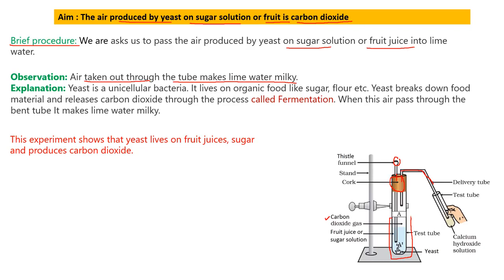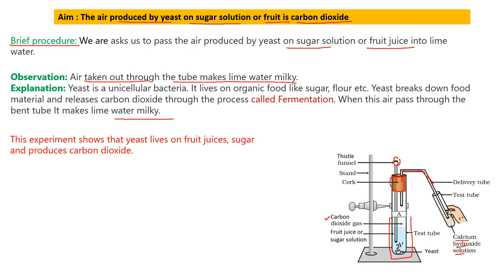And there is a test tube, and in the test tube of course we have taken calcium hydroxide, and when we pass carbon dioxide, what will happen? Again, the lime water will turn milky, and this is due to the formation of calcium carbonate. This shows that a gas, carbon dioxide, is released during this process, right?